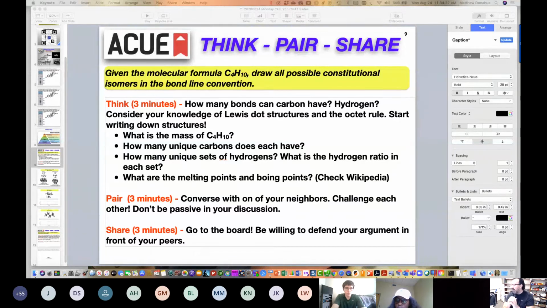What is the name of the branched isomer? So we have isobutane. That's a common name that's acceptable. Methylpropane, we have 2-methylpropane. That's a little bit more correct.